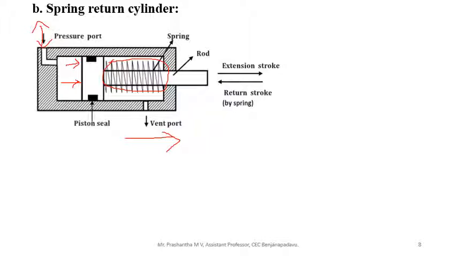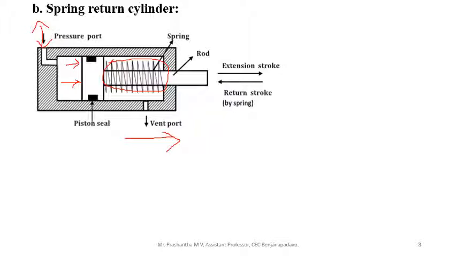Once it completes its work, it will retract to its original position. It happens with the help of this spring. During extension, the piston travels against the spring force. The spring gets compressed. So, extension stroke happens.